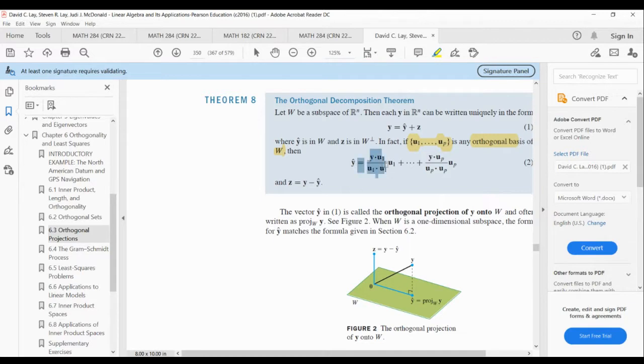Could we use this formula to find the projection vector b hat? Is that possible? Do the column vectors a1 and a2 meet the conditions of the theorem?